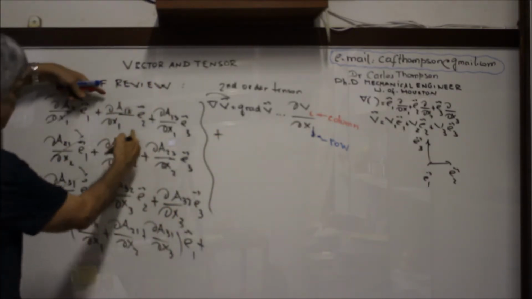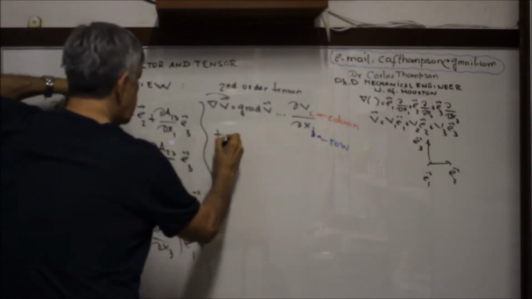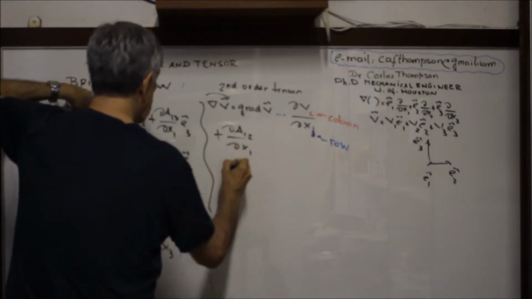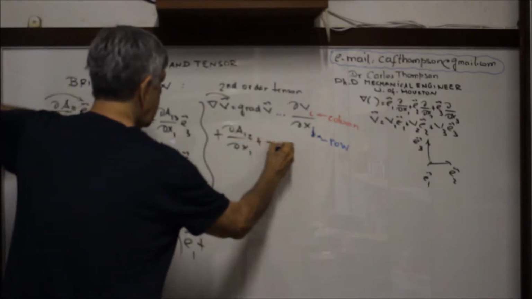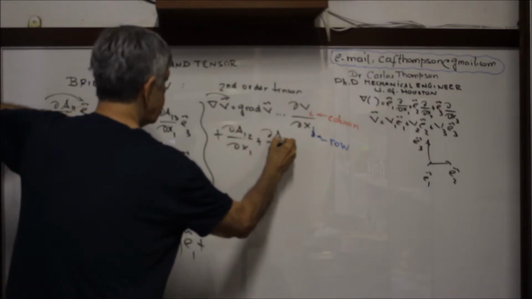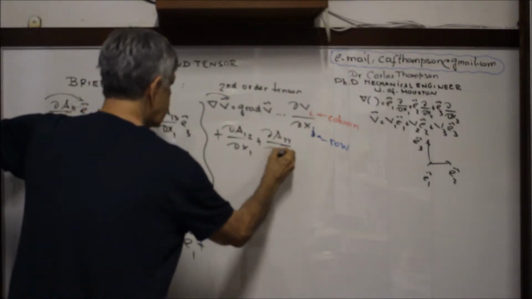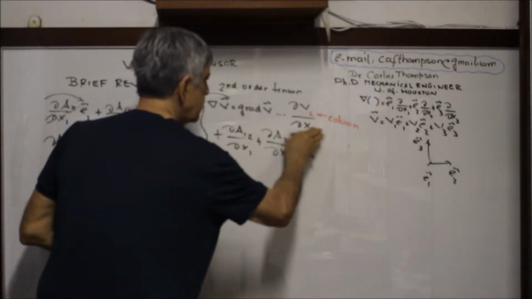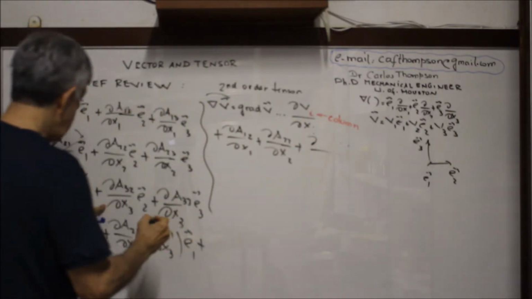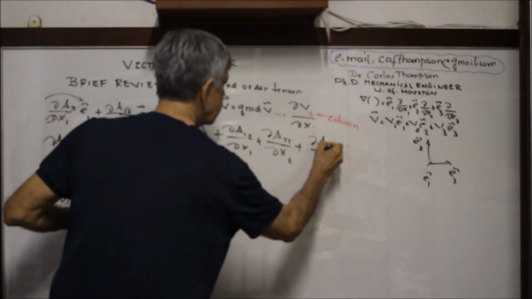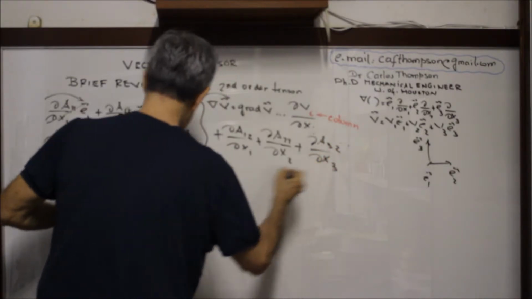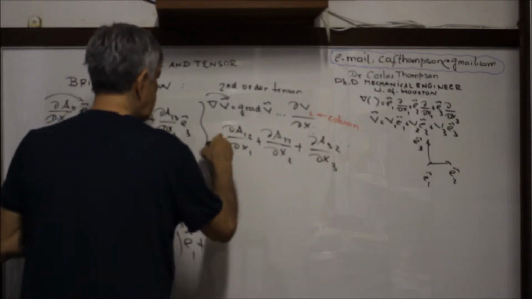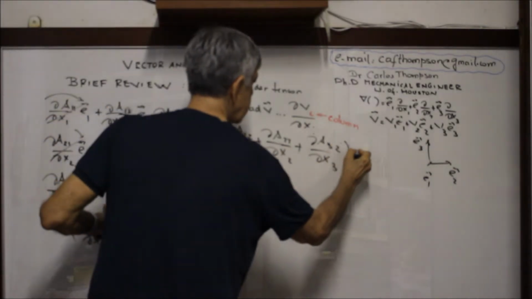Now let's find E2. Plus partial of A12 with respect to X1 plus partial of A22 with respect to X2. It's just this column over here. Plus partial of A32 with respect to X3, E2.